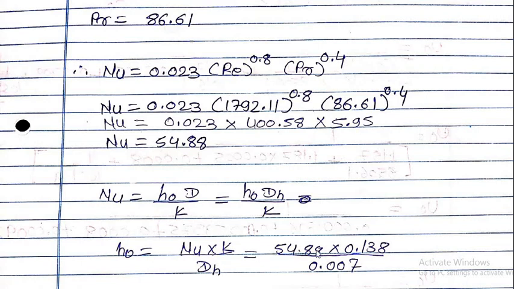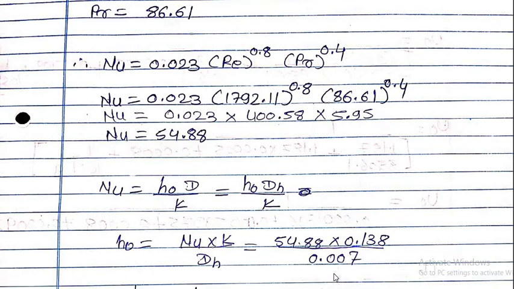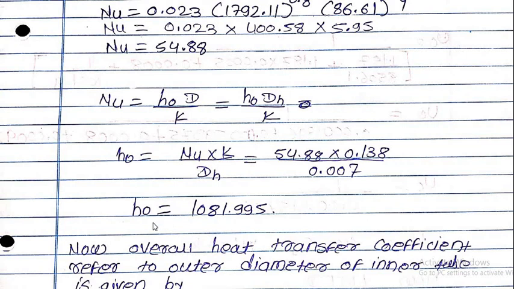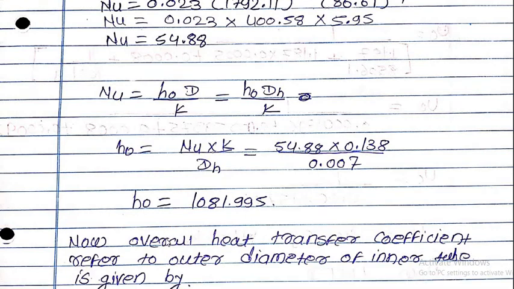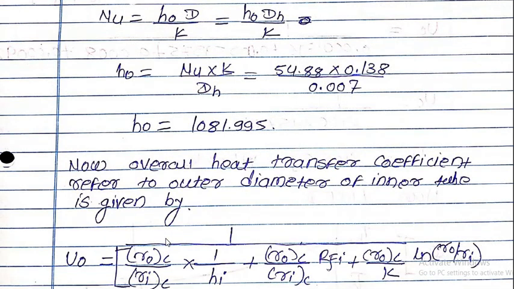Therefore 54.88 multiplied by 0.138 divided by 0.007. So the heat transfer coefficient for oil we will get as 1081.995.